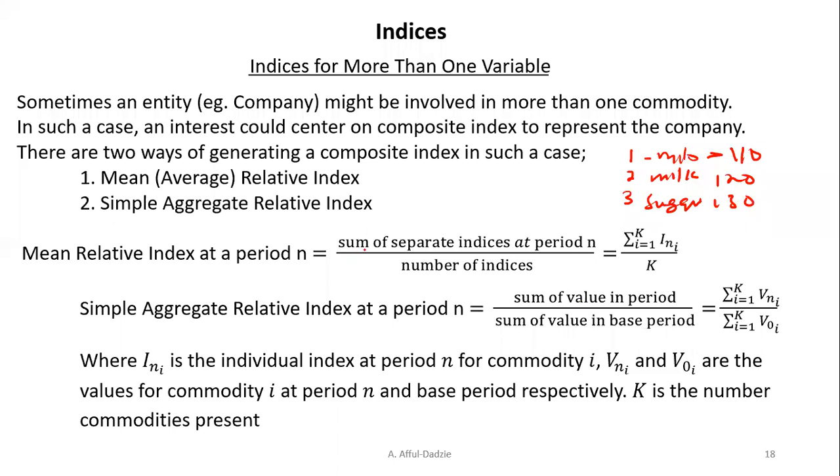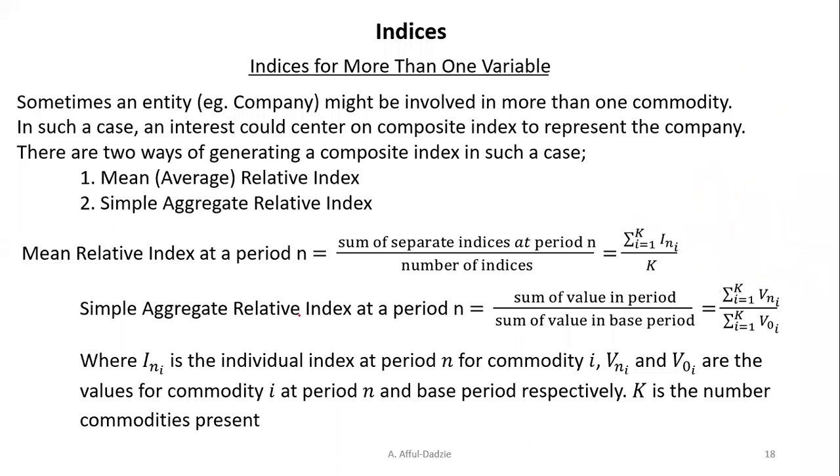What the mean relative index is saying is sum these three values: 110 plus 120 plus 130. Two of these alone give you 250, plus 110, and you have 360. Once you have this 360 as the total of the index numbers, you divide by the number of indices, so it's like taking the mean of all the index values.